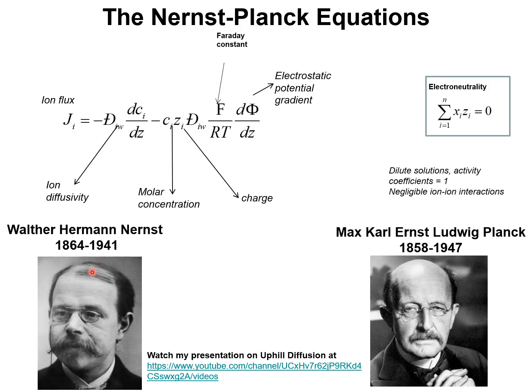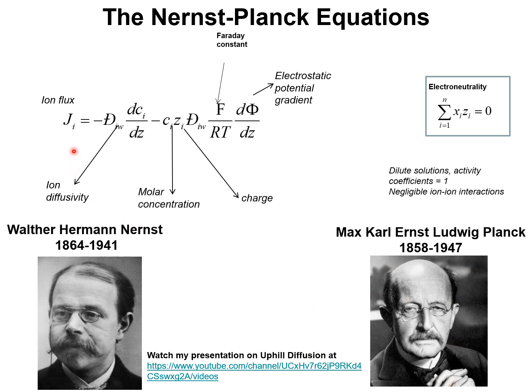The transport of any ionic species i is described by the set of Nernst-Planck equations, named after Walter Nernst and Max Planck, who got the Nobel Prize respectively for chemistry in 1920 and physics in 1918.